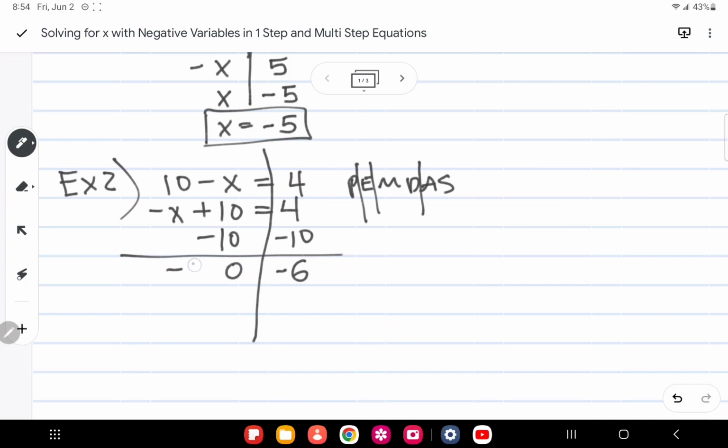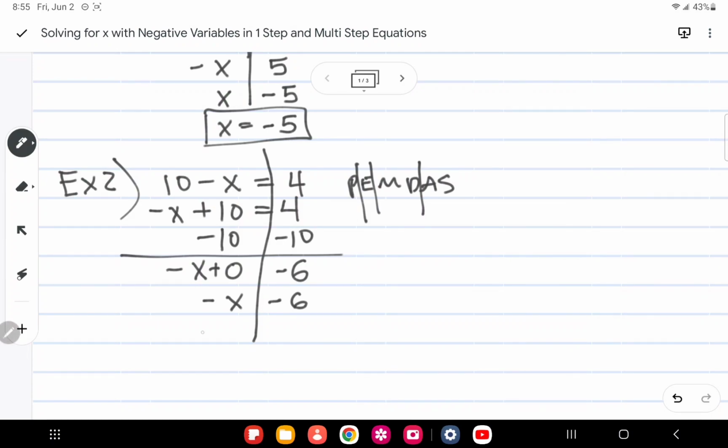And then we will bring down whatever it is that we did not use. Now the plus 0 can just go away, so what's left on the left side is just -x, and the right side is just the -6. Now we have come to this vital step once again.